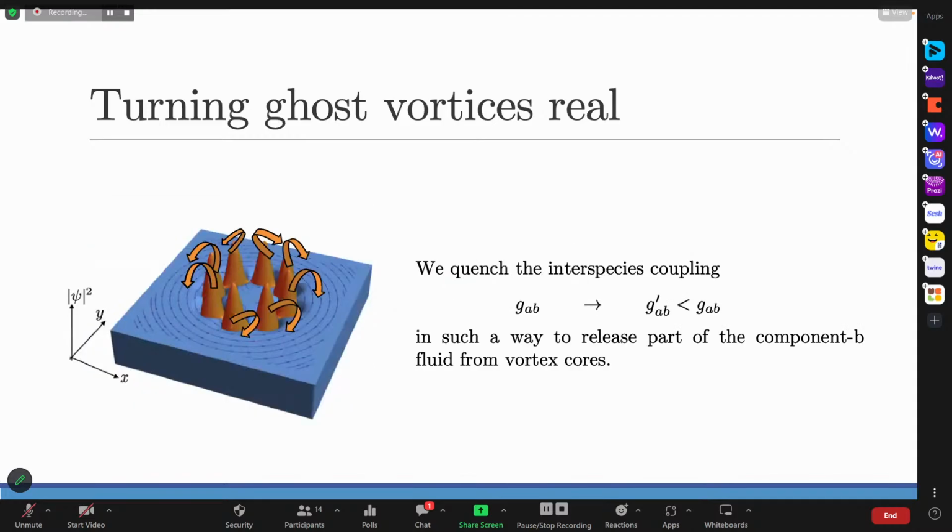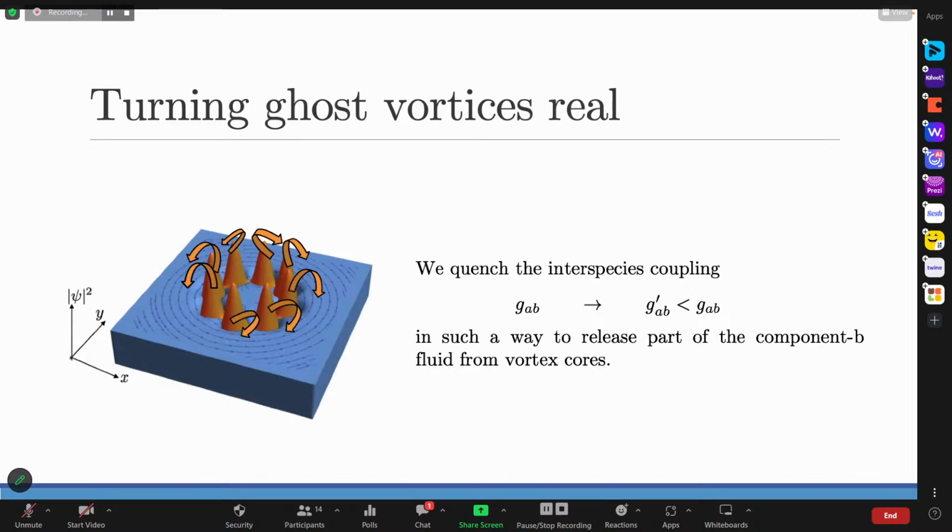In a similar way, what we do is to take our system and quench the interaction parameter GAB. More precisely, we halve it. So we reduce the interspecies interaction in such a way that some of these orange atoms are expelled from the necklace, and they start to diffuse around here in this blue sea. And the crucial thing is that this diffusion is not uniform.